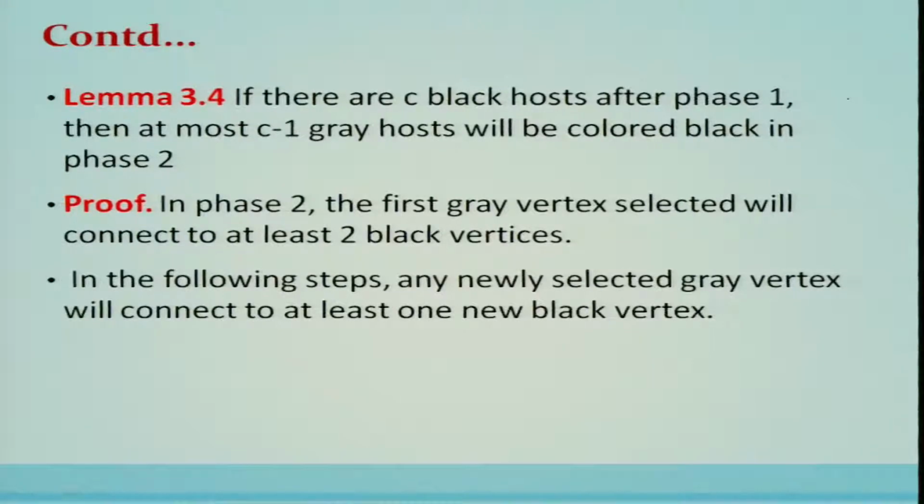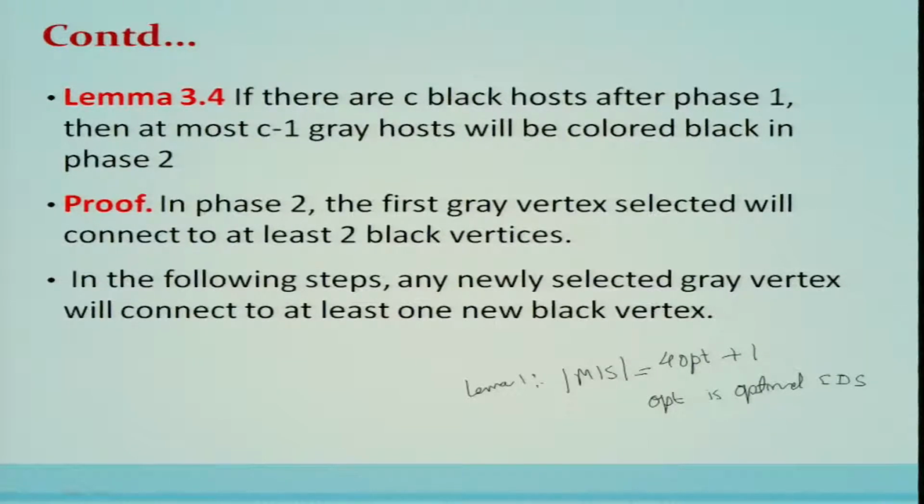Now let us see that there is a lemma which we have seen earlier, that the size of MIS is at most 4 opt plus 1, where opt is the optimal size of the connected dominating set. This is lemma 1.